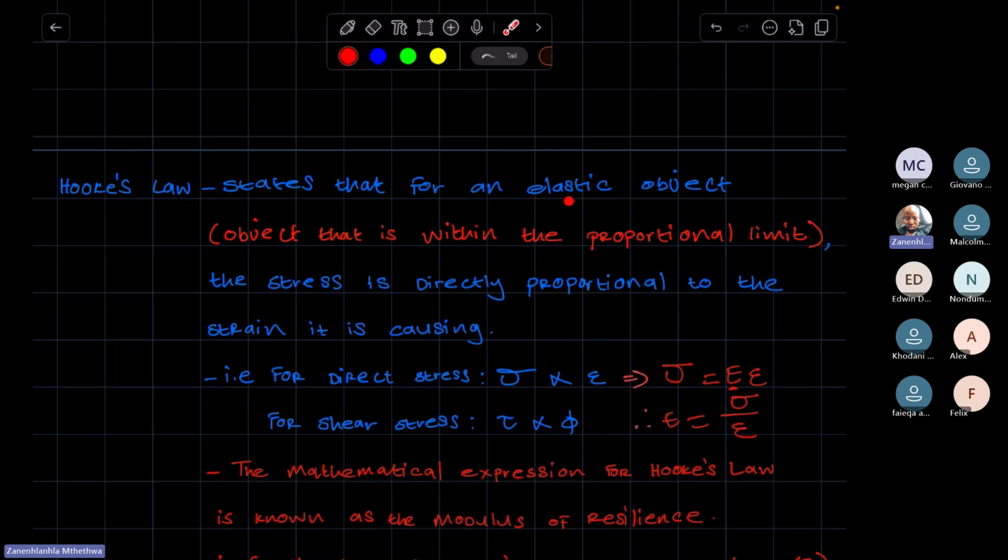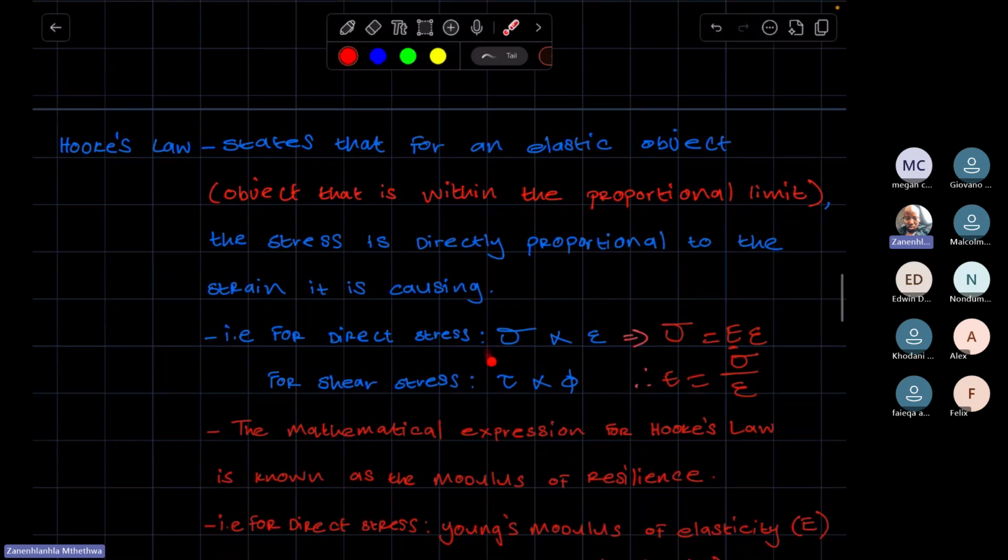When the object is no longer elastic, Hooke's law is no longer satisfied. So the most important part, as much as the stress is directly proportional to the strain, is that the material is still elastic. Hence, when stating Hooke's law, you also have to state that the stress is directly proportional to the strain as long as the material is still within the elastic region.